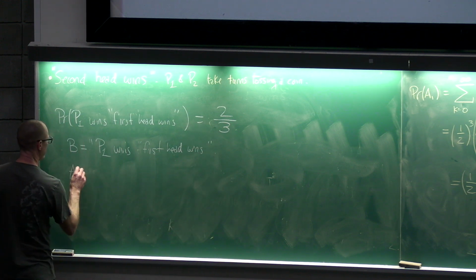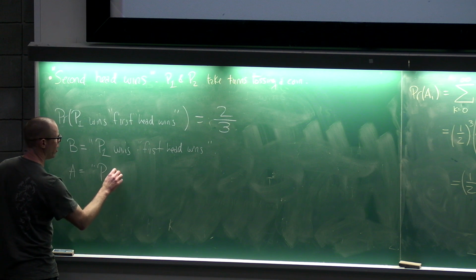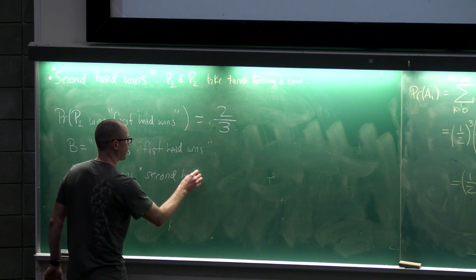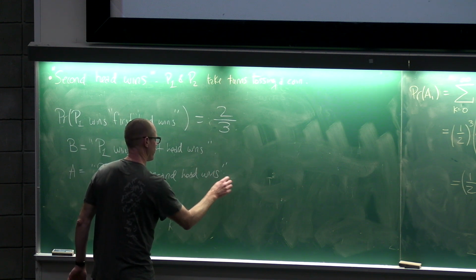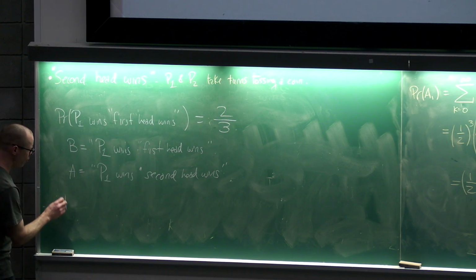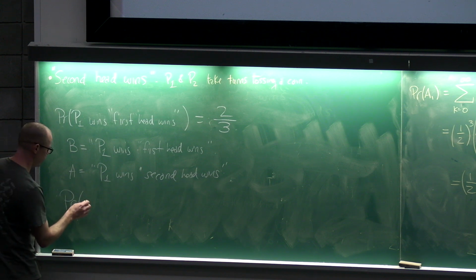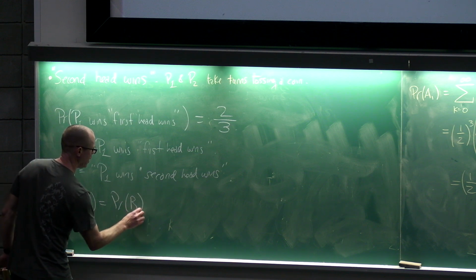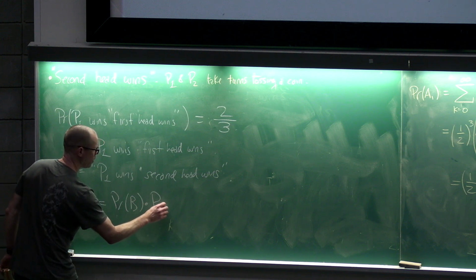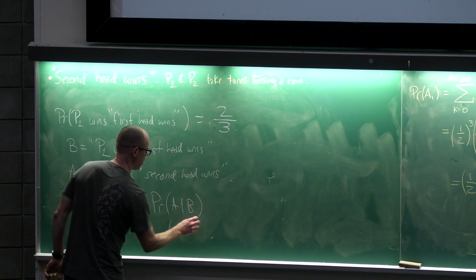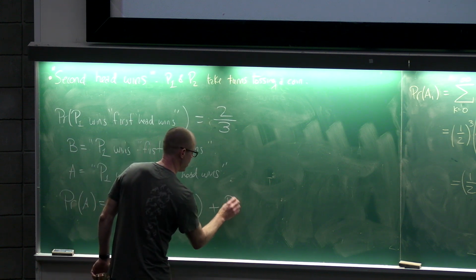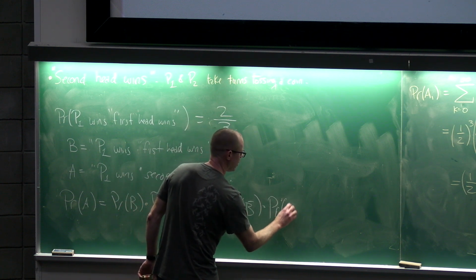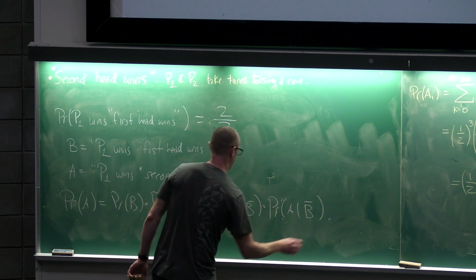And A is the event P1 wins the second part of the game. And by the law of total probability, we have that the probability of A is equal to the probability of B times the probability of A given B plus the probability of not B times the probability of A given not B.